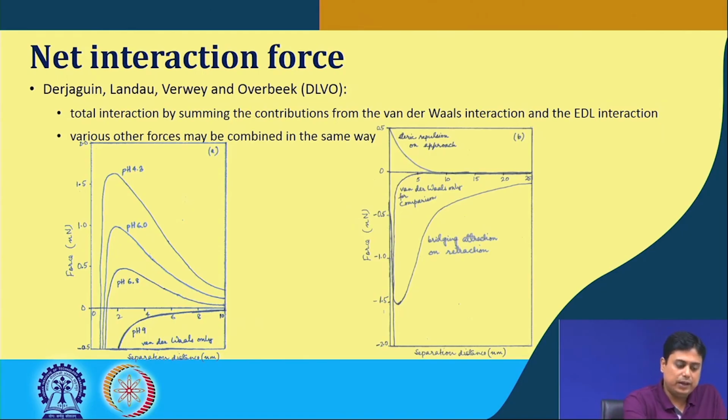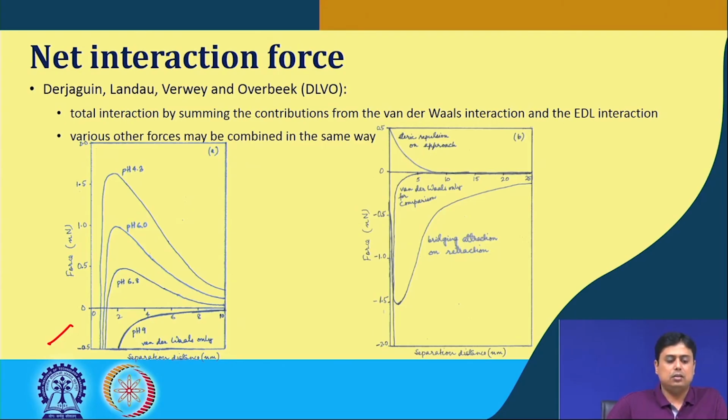So, this figure shows the force versus the separation distance. Now, for a certain particle at pH 9, you can see that only the van der Waals attractive force dominates.